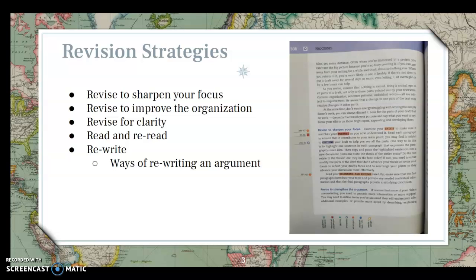There's always a way to tweak it and modify it to improve it. So don't think that this is the best you will ever write, because you're still a developing writer, and you'll gain more experience and you'll use other strategies, and so you'll improve. So take a look at it, make sure you read it and then reread it again.